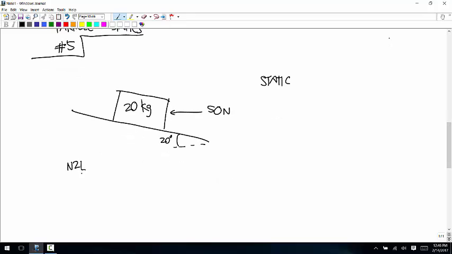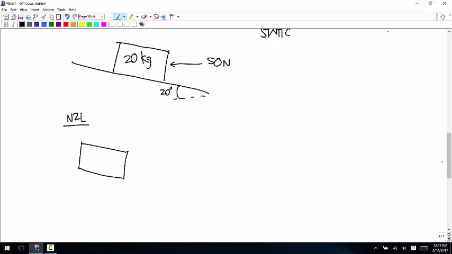So Newton's second law, you have the weight, 196.2. You have this externally applied force of 50 newtons. And then you have a friction contact. So we'll just represent that as an unknown force vector. Call that R.